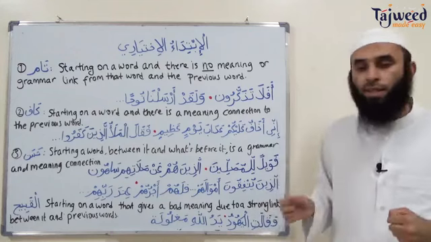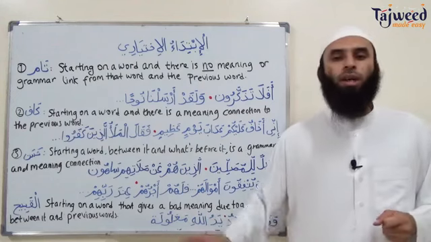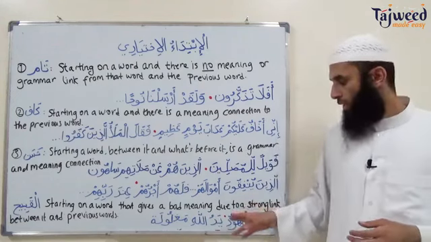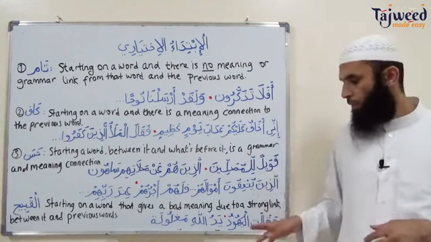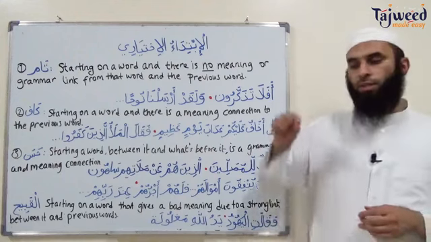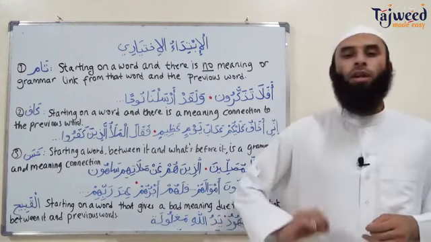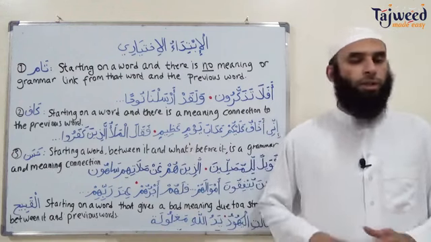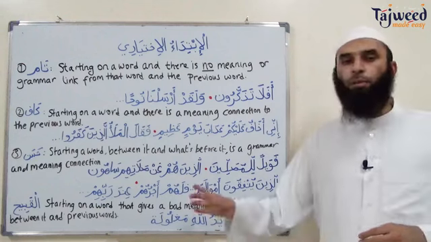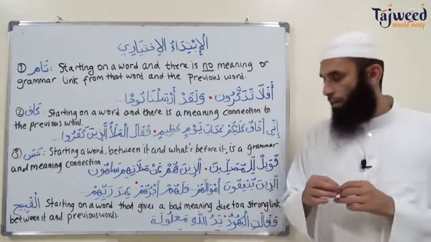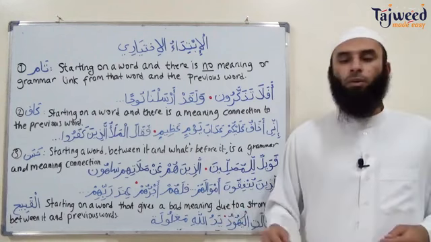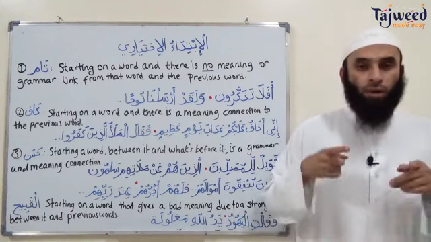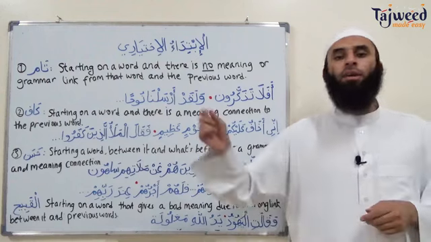For example, Allah says, وَقَالَتِ الْيَهُودُ يَدُ اللَّهِ مَغْلُولَةً. The Jews say that Allah's hands are tight, meaning Allah is stingy. If someone says, وَقَالَتِ الْيَهُودُ, the Jews said, then stops, then says, يَدُ اللَّهِ مَغْلُولَةً, Allah's hands are tight, we cannot do that. We have to join everything properly so it gives a complete and good meaning. Similar ayats, Allah says, وَقَالَتِ الْيَهُودُ وَالنَّصَارَى نَحْنُ أَبْنَاءُ اللَّهِ وَأَحِبَّاؤُهُ.